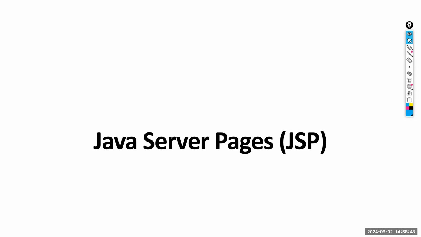So inside the JSP, you can write Java code, just like inside HTML you write PHP. You can write normal HTML, CSS, JavaScript, and using the scriptlet tag, just like the PHP tag, you can write JSP code. So that is the idea.